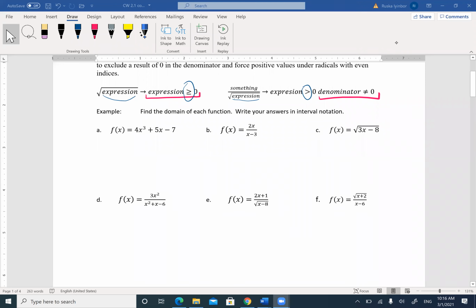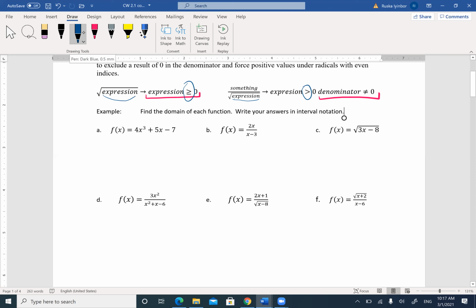The restriction for fractions comes from the fact that a fraction means division. When you divide by 0, it's undefined. You cannot do division by 0. So that's why you have all these restrictions on the domain.